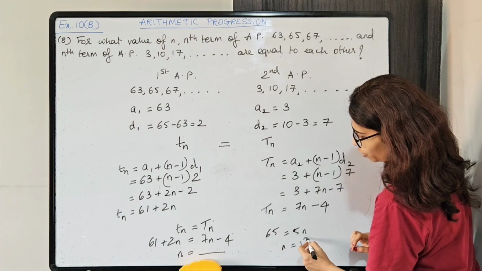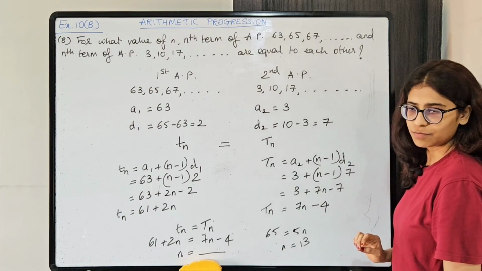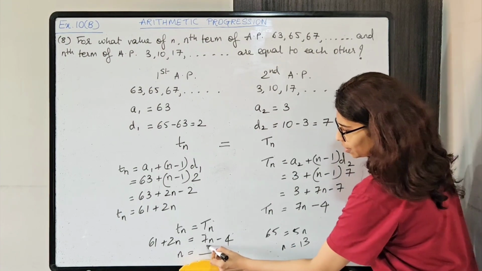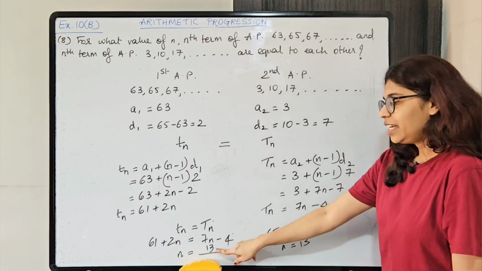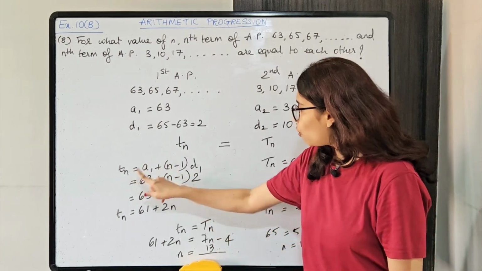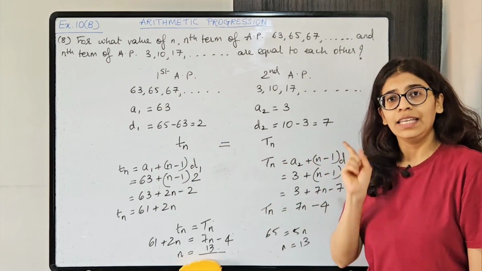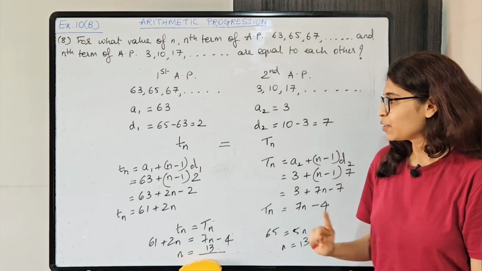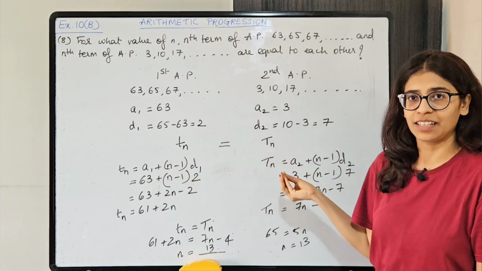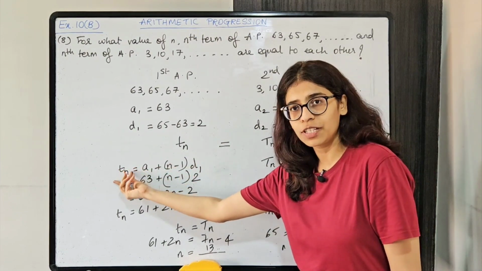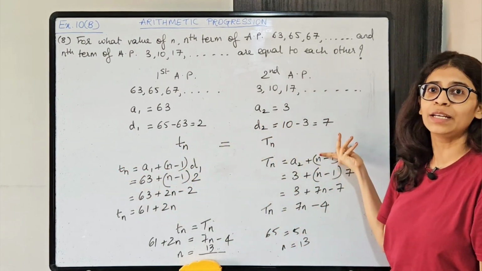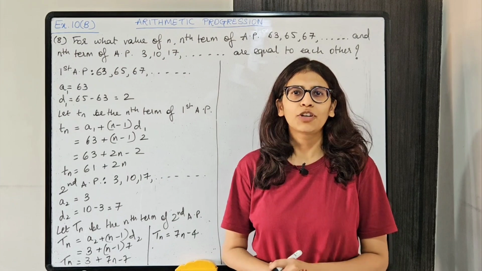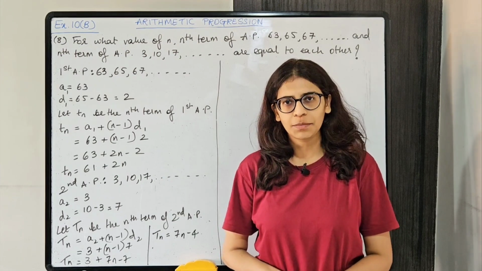So n you are going to get as 13. Okay, so 13th term of both the AP are equal. Okay, so n का वैल्यू 13 है. That is 13th term of first AP and 13th term of second AP both are equal. For the solution, we'll start with the first AP.